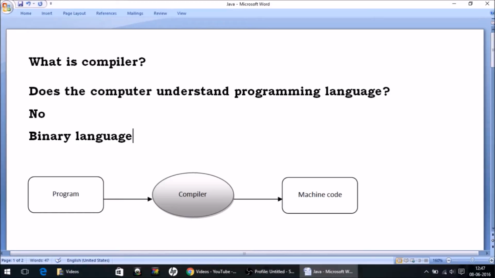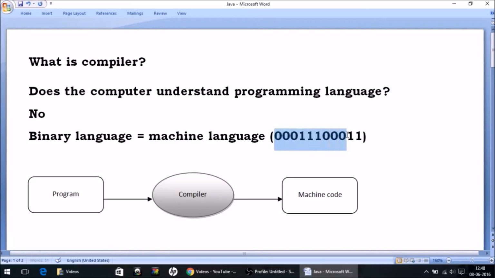In fact, the computer understands only binary language. You should always remember that. And it is also called machine language, which is nothing but the language of zeros and ones. So this is highly complex in nature and it is very difficult for us to understand. So that is why we are using programming language, which is a way to write programs or write instructions for a machine.